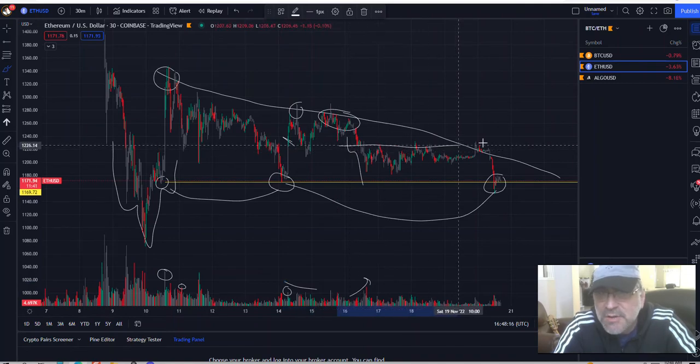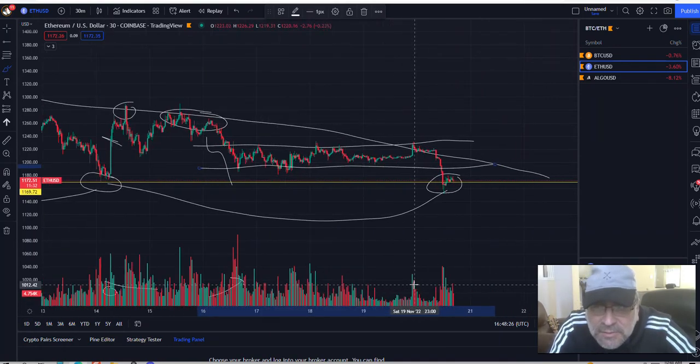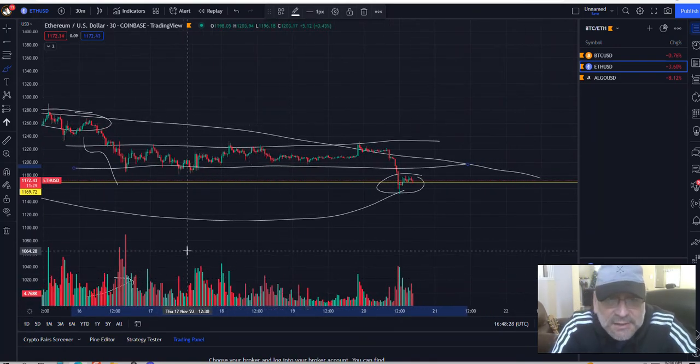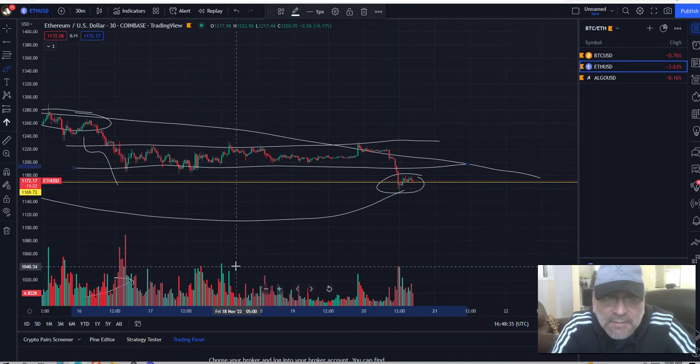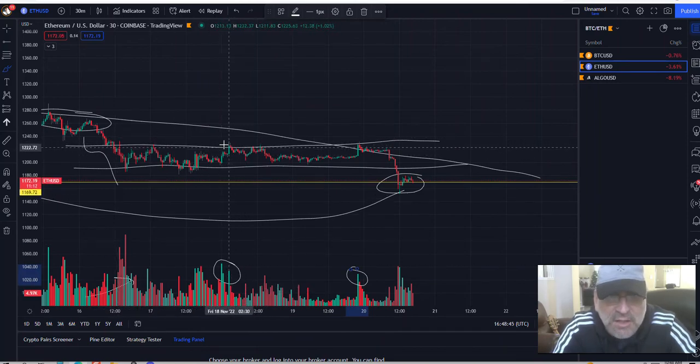And then we have this narrow channel of lateral consolidation. See this pullback here. All right, so these are the predominant demand spikes, and on the predominant demand spikes we see a failure to rally out of this channel, and an immediate decrease of the demand as it pulls back here.